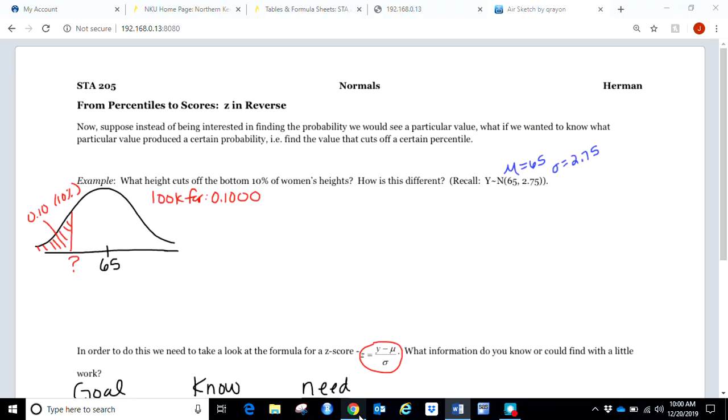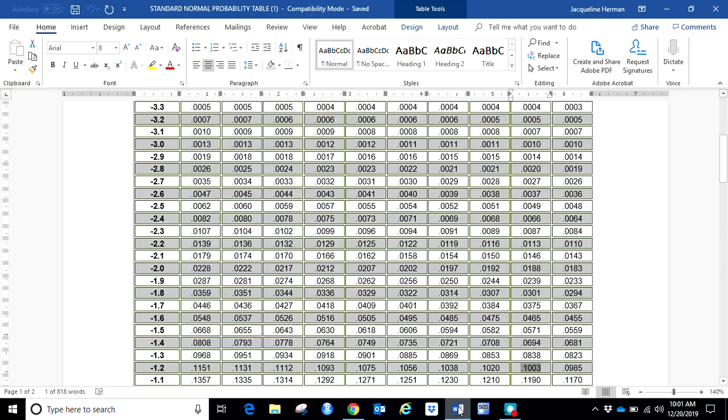0.1003. First I'm just going to write down what I found. I wanted 0.1000, but I found 0.1003. Now from that, I'm going to get a z value. How do I find that?